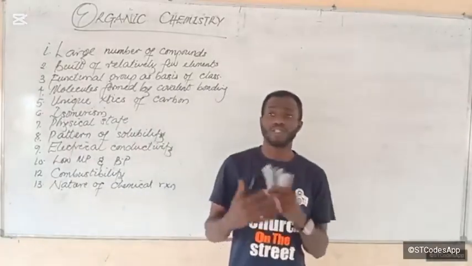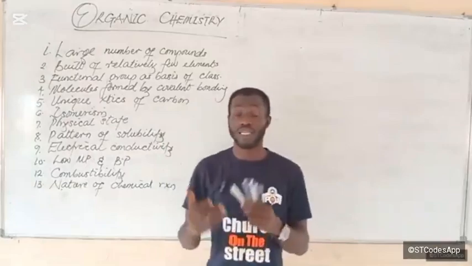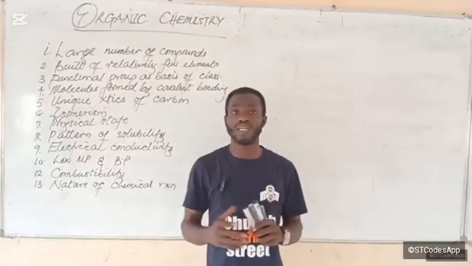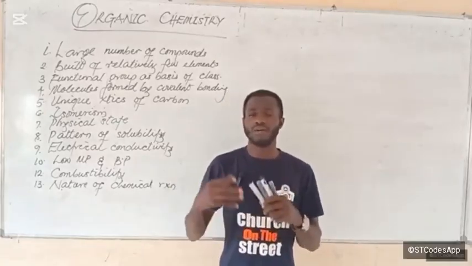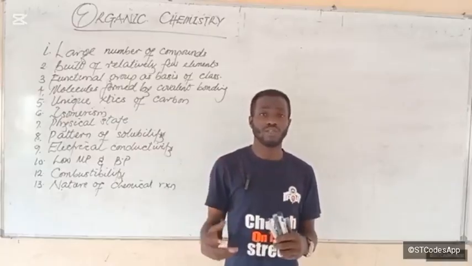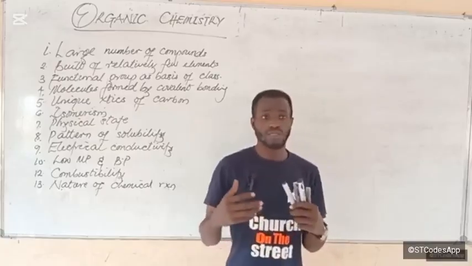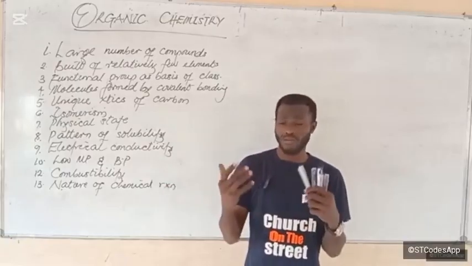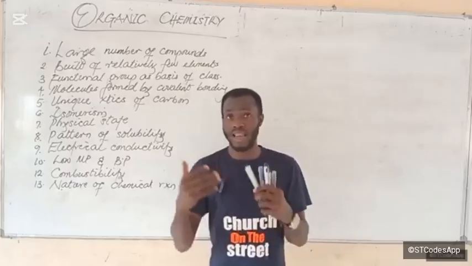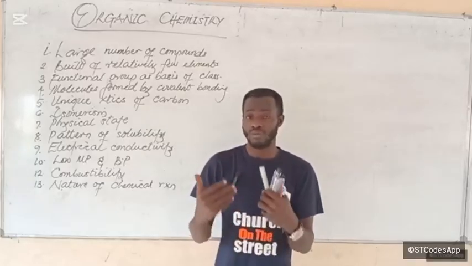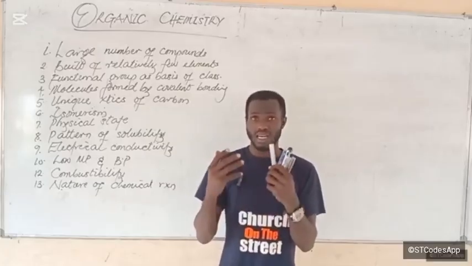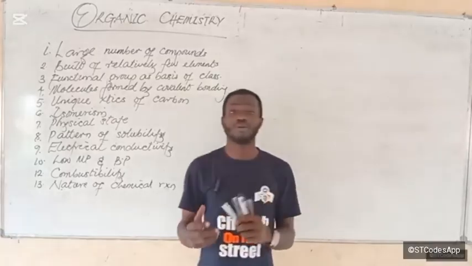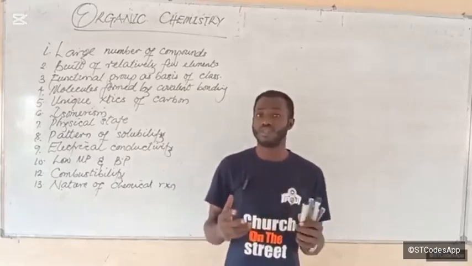Now, what are the reasons why we said that organic chemistry was given a separate field? Number one is the large number of compounds that can be formed with carbon. Right about now we have more than 4 million compounds that have been synthesized in the laboratory, and it is believed that there are many more organic compounds that have not even been synthesized or discovered at all.